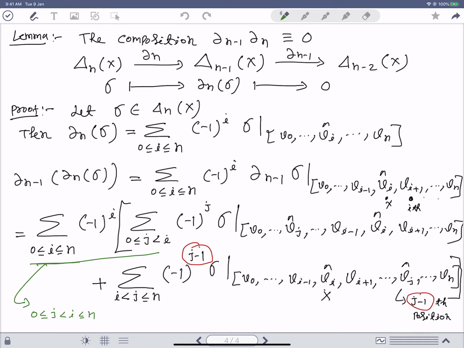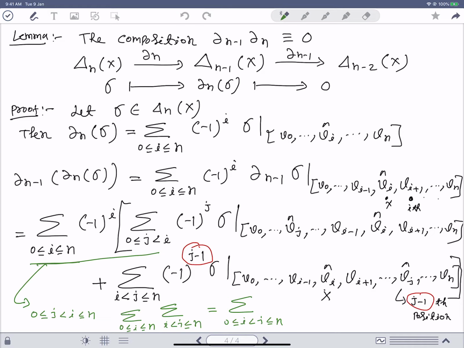And by combining these two summations, 0 less than or equal to i less than or equal to n, and the summation i less than j less than or equal to n, one can write a single summation, 0 less than or equal to i strictly less than j less than or equal to n.